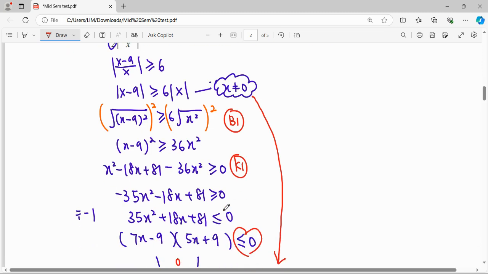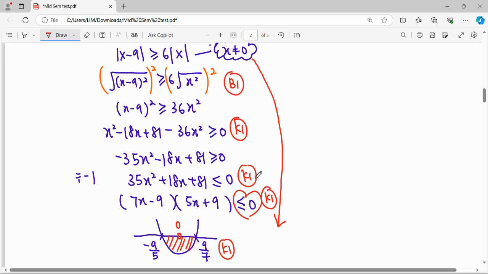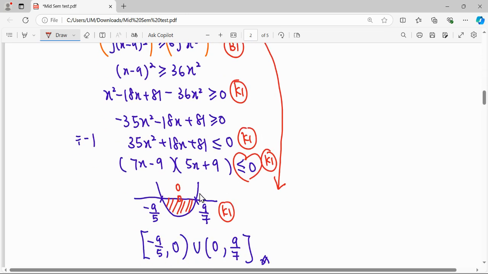Then forming your quadratic, you factorize, draw your graph correctly, and shade your region correctly. Then finally, this is your answer.